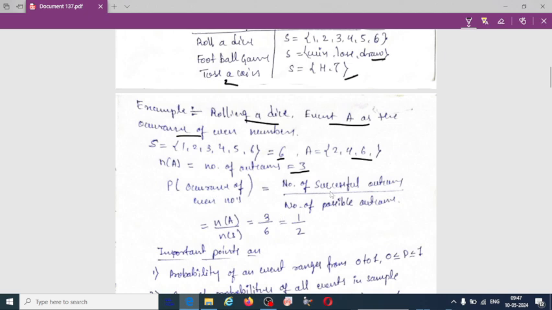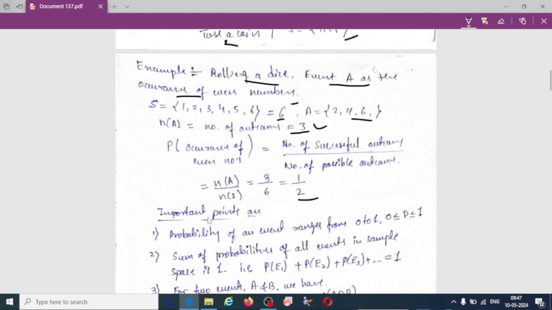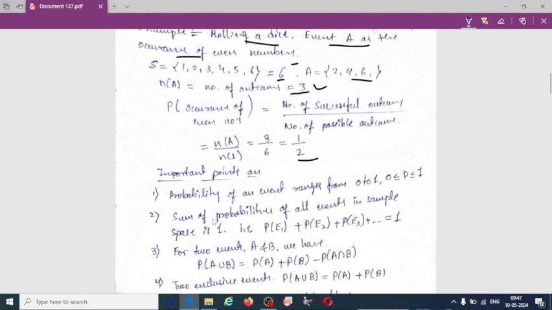Probability is the number of successful outcomes to the number of possible outcomes. Successful outcomes are 3 and total outcomes are 6. So 3 by 6 is how much? 1 by 2. This is the probability of occurrence of an even number. Similarly, we can calculate odd numbers.